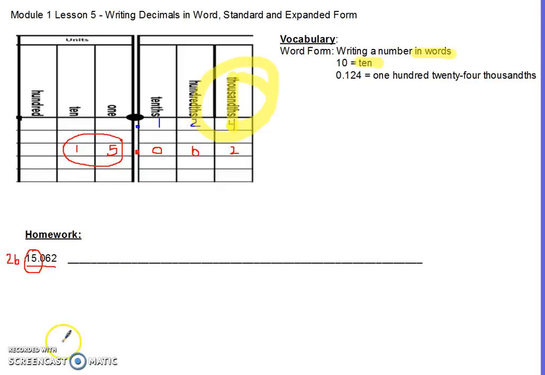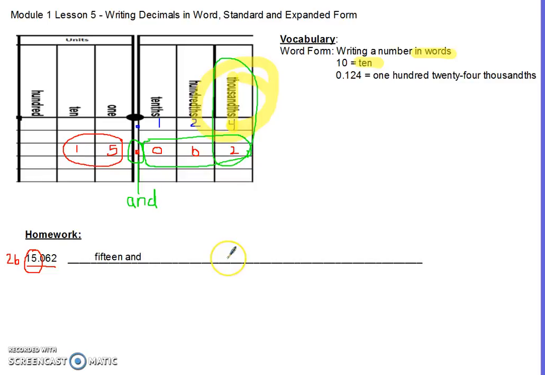Now, I start here when I'm writing, and that would be 15. So I would write 15 on my line. Then to represent the decimal, right here, because I have 15 and a decimal, the decimal is represented in word form with the word "and." So down here on my line, I would have 15 and. Now I'm going to go to what I have to the right of my decimal. Just like before, I go to the furthest column to the right and see what column it's in, and it's in thousandths.